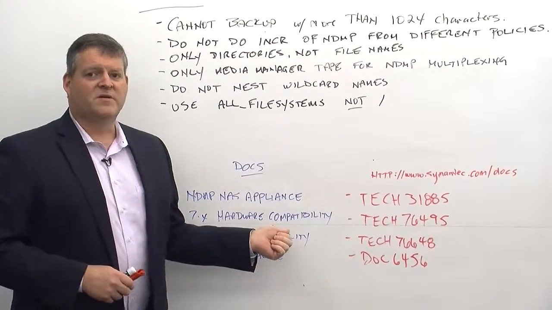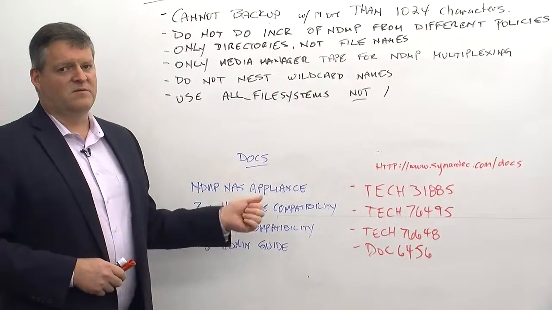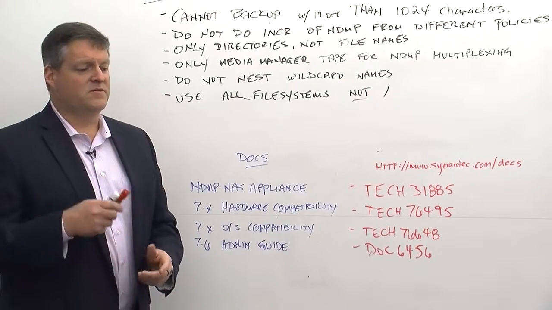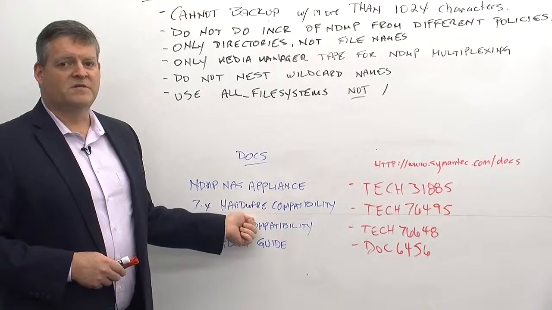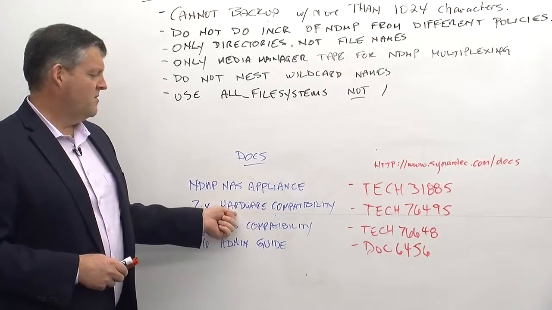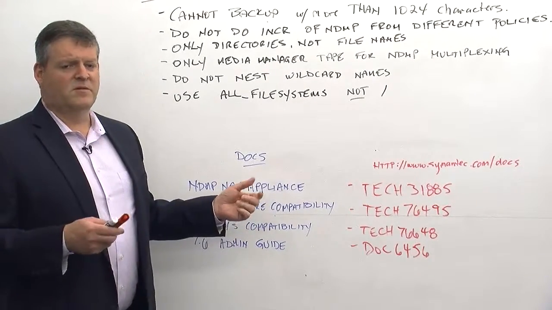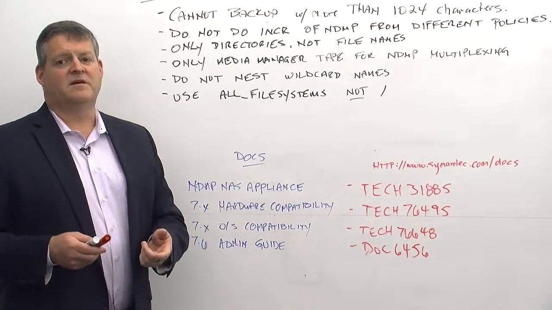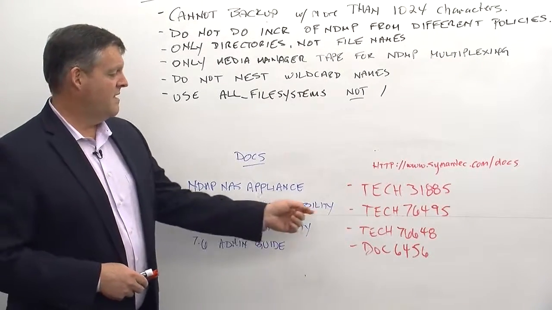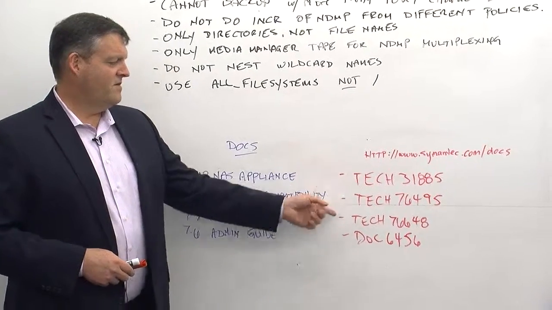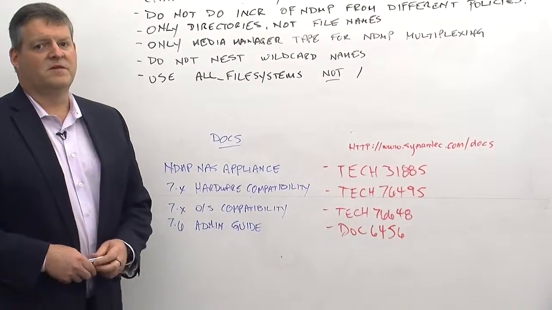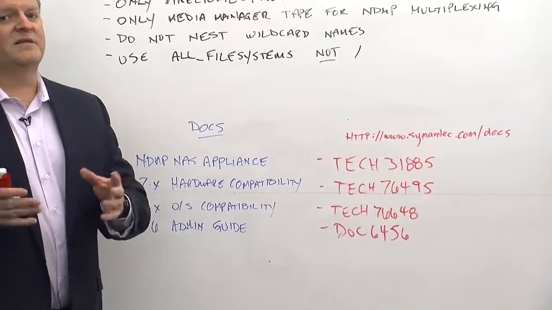We cover it in a lot of documentation, so we have many guides out there to help you set them up, modify them, and check to make sure that your device is compatible. HCL is the short form of Hardware Compatibility List, and under symantec.com/docs, you can find all of these documents, as I've listed here, that correspond directly to NDMP.